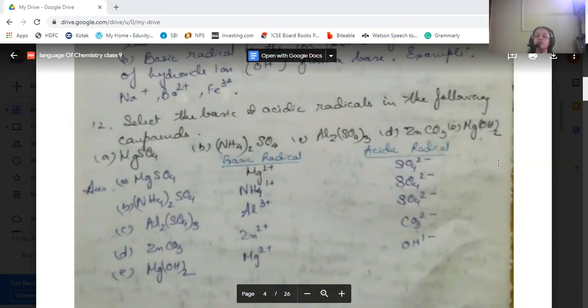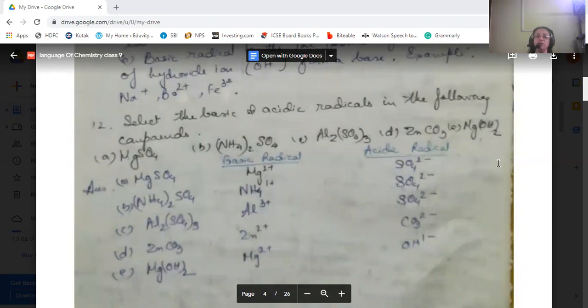Because if we add hydroxide to this magnesium, then it becomes magnesium hydroxide, a base. So from the hydroxide, if we remove it, what remains is the magnesium ion, that is the basic radical. And the acid radical is the sulfate ion.